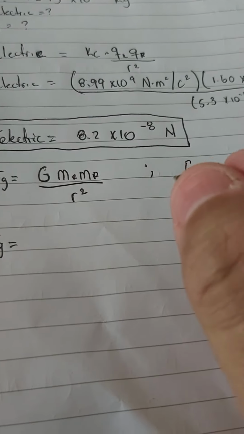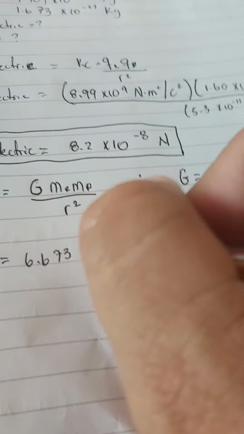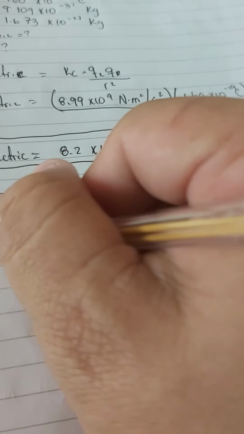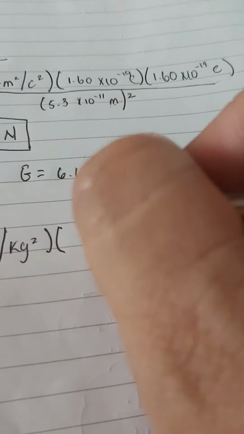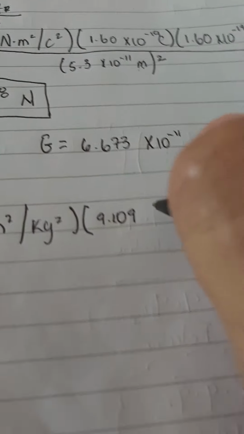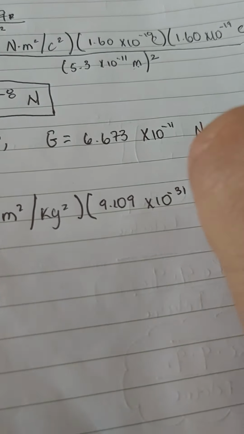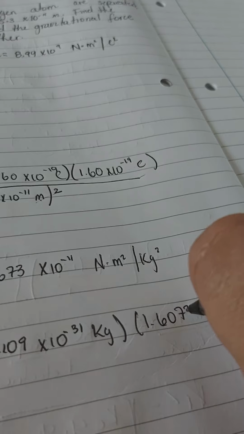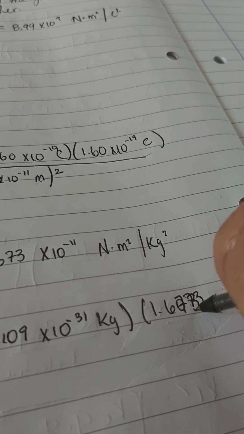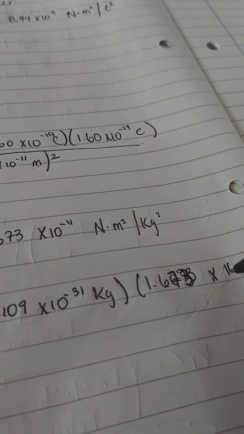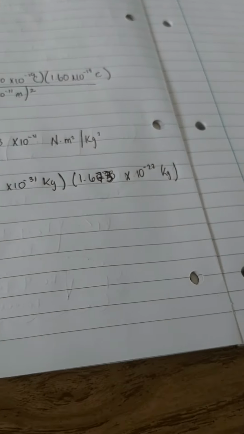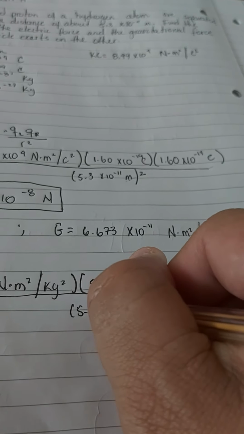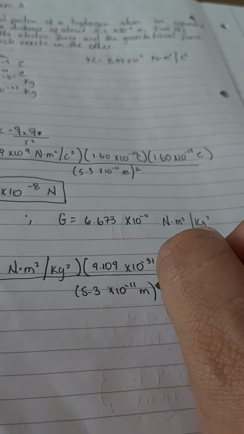So we get that the gravitational force would be equal to 6.673 times 10 to the negative 11 newton times meter squared per kilogram squared, times mass of the electron, 9.109 times 10 to the negative 31 kilogram, times mass of the proton, 1.673 times 10 to the negative 27 kilograms, divided by the distance squared, 5.3 times 10 to the negative 11 meters squared.